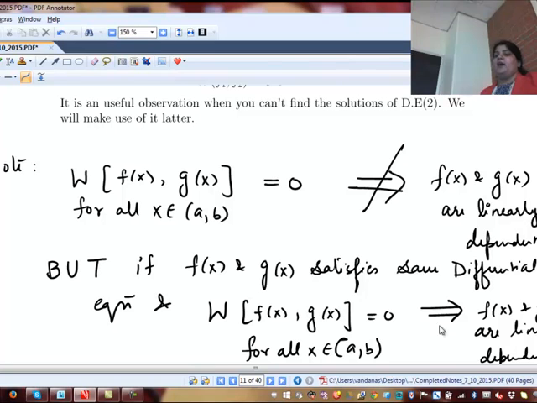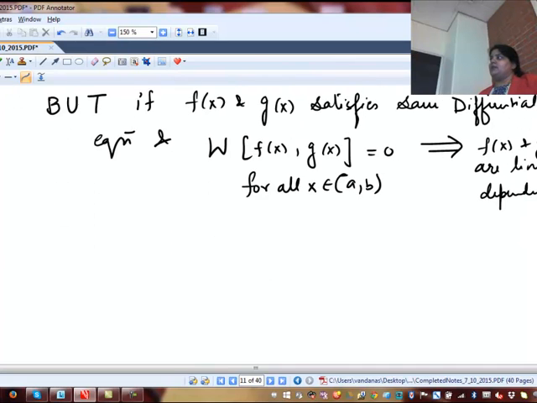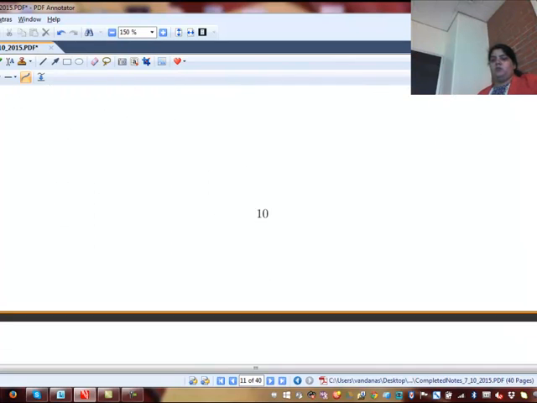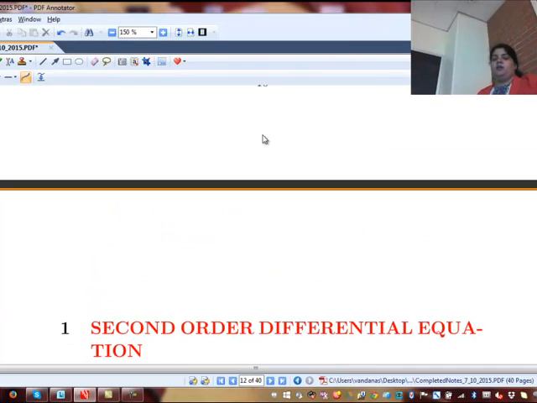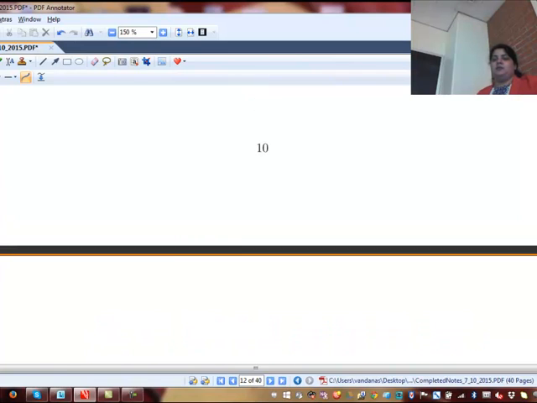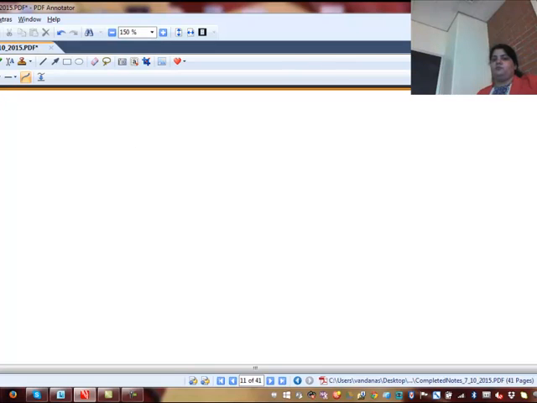Why are we interested in linearly independent solutions? The reason we are interested in linearly independent solutions is because they will form a fundamental set. So I will leave these theorems for you to read, but in between I will insert a slide, and we will start defining the fundamental set.